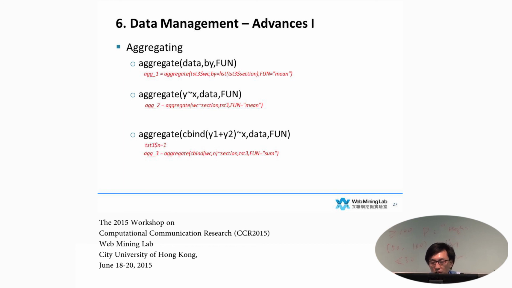When you run this syntax, you can get these results. For example, for the section World, the average word count is 1,000, and the next article is 800, and so on. See? We can use this function in another way, aggregate by.